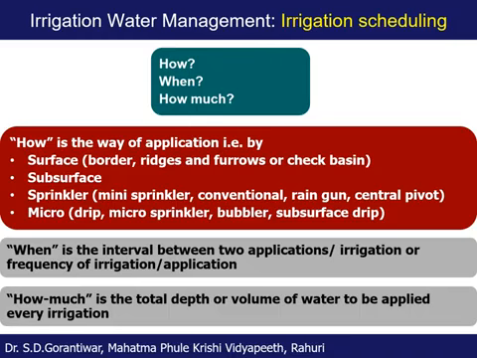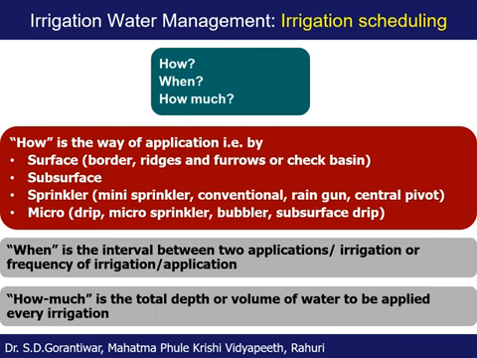Okay, that is deciding basically when we have to apply water to the irrigation field. And third is how much, that is for every irrigation, for every application by the chosen method, how much depth of the water, how much volume of the water we should apply to the field, to the crop.